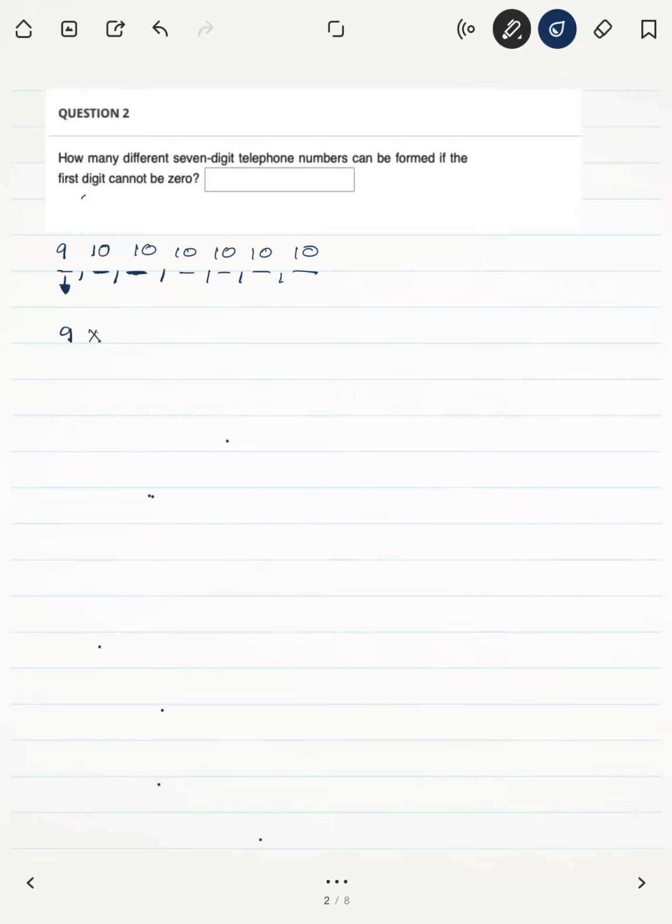It's going to be 9 times 10 to the power 6. I'm going to form a 7-digit number. Just the first place has 1 choice less. So this is for the second question.